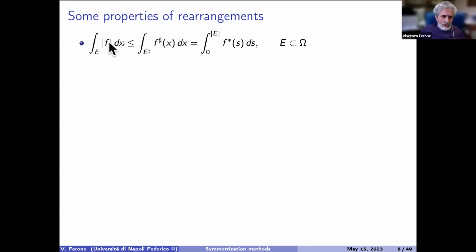So this inequality is quite immediate. I also observe that the integral of F sharp on E sharp, by the definition I've given before, can also be seen as the integral of the one-dimensional function F star between 0 and the measure of E.